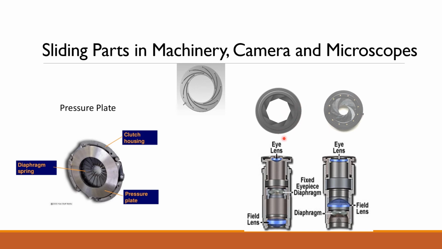They are attached to the camera by sliding the lens along the surface of this lens mount. So this is how the concept of the sliding filament theory is applied in engineering.